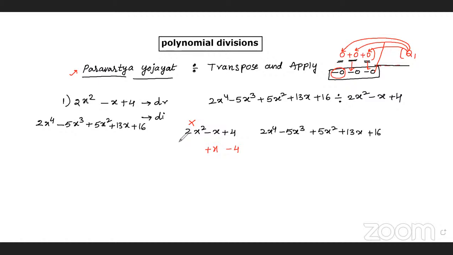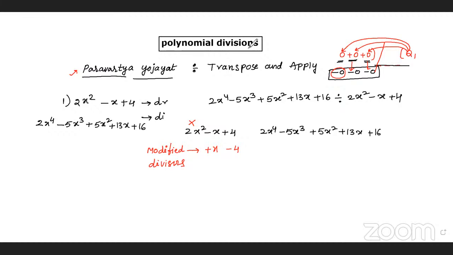Okay, right. Now see, when you are changing the signs of the terms of the divisor, then it is called modified divisors. What is it called? Modified divisors. So the modified divisors are now plus x minus 5. Instead of taking the variables, I'm now taking just the coefficients of the terms.